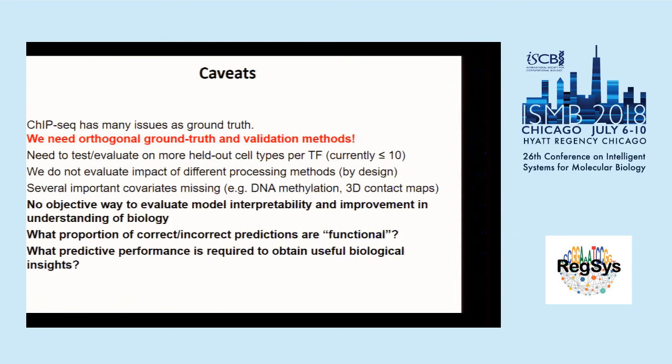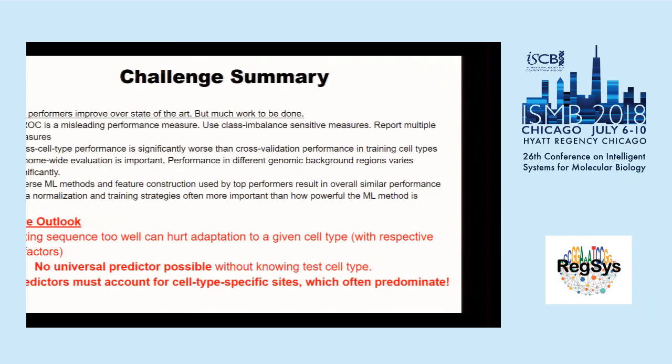More held out cell types would be nice, different processing and features. Fundamentally, this is a challenge which measures model performance. We'd like to understand the biology better, particularly when measuring in vivo cross-cell type binding. So we'd like to incorporate data with more functional binding and convert this into useful biological insights, which was the purpose of this exercise.